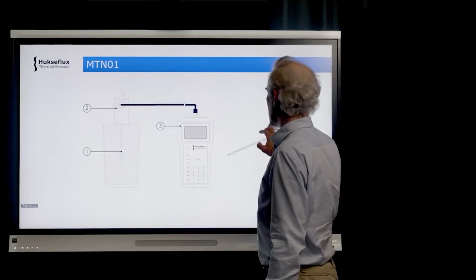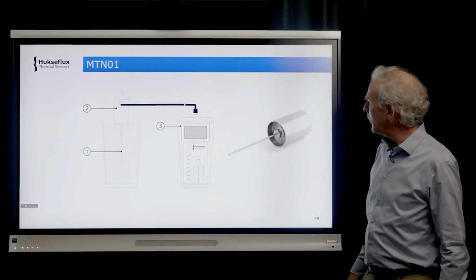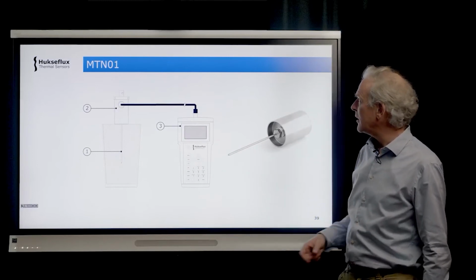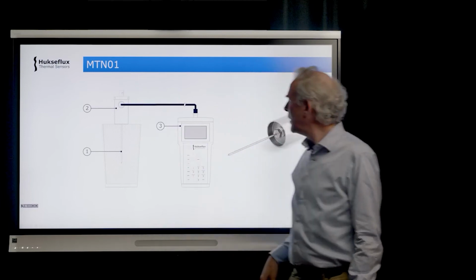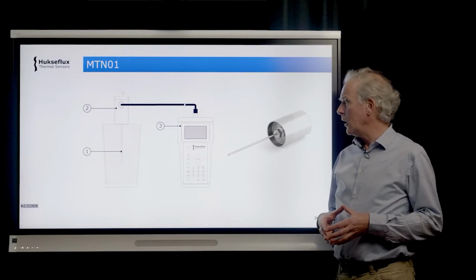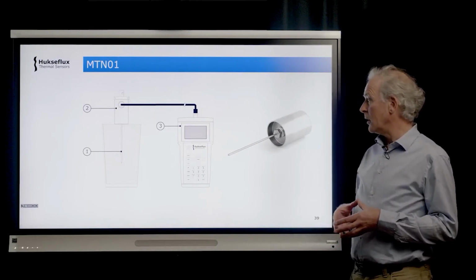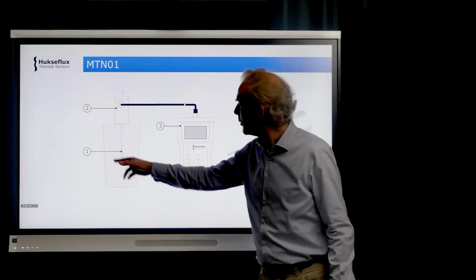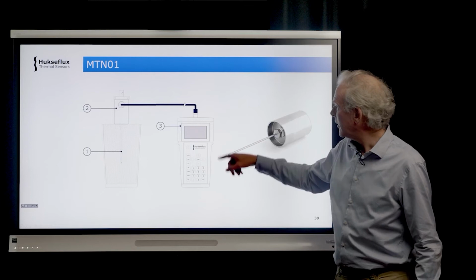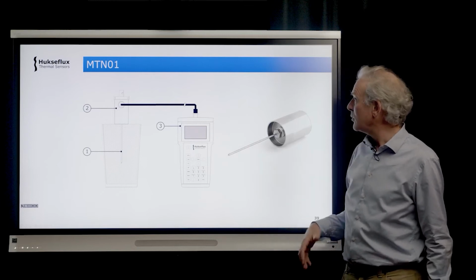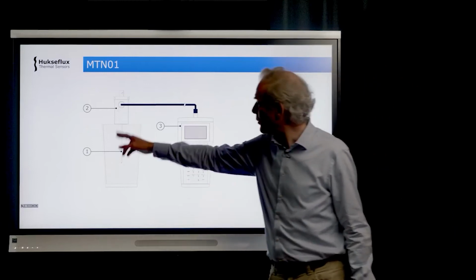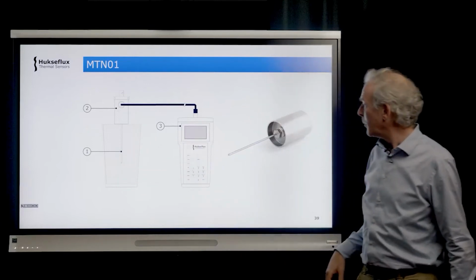This system can also be complemented with the same readout unit. You can also buy a laboratory version that's called the MTN, and this has a smaller needle, and if you want to perform measurements on a laboratory sample, then you can insert that needle connected to the readout unit that you're also using for the FTN system, and you have the possibility to analyze smaller samples.